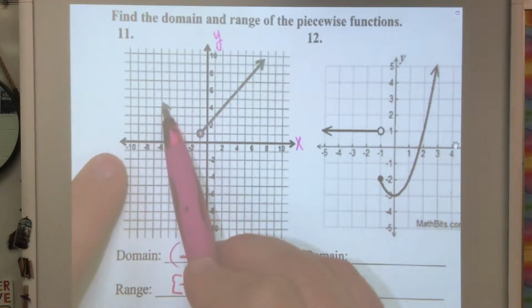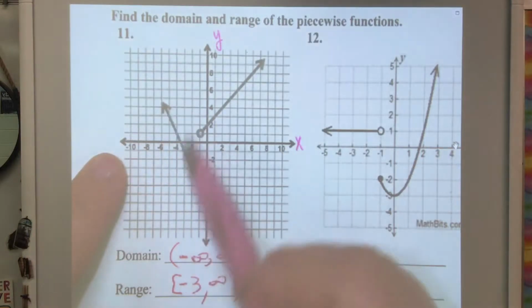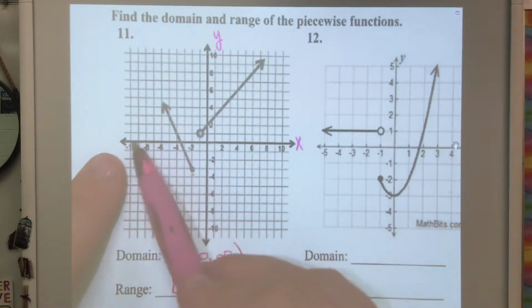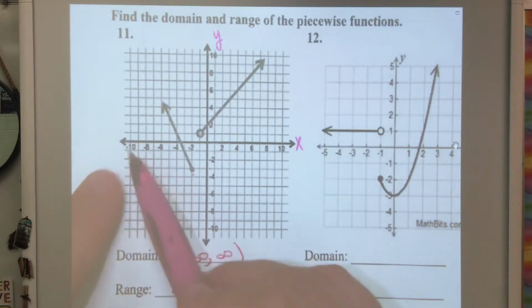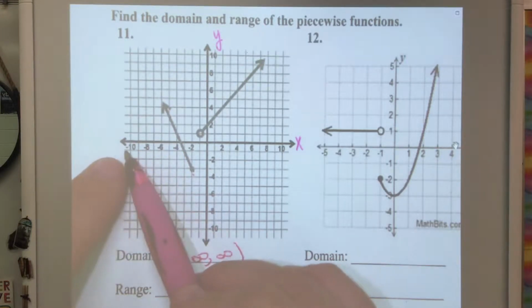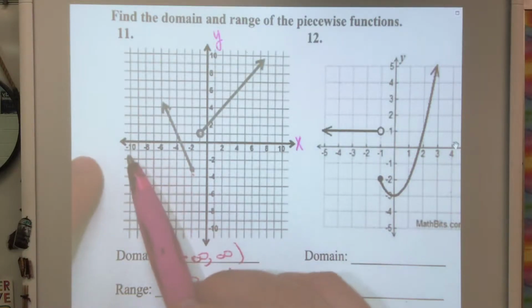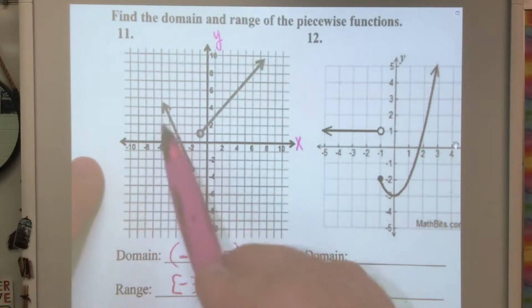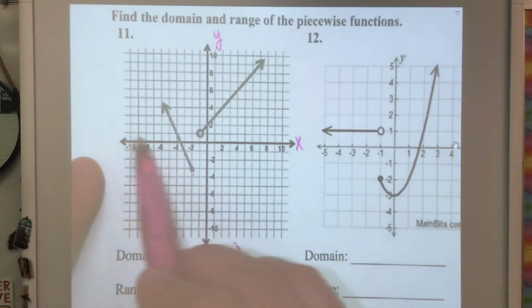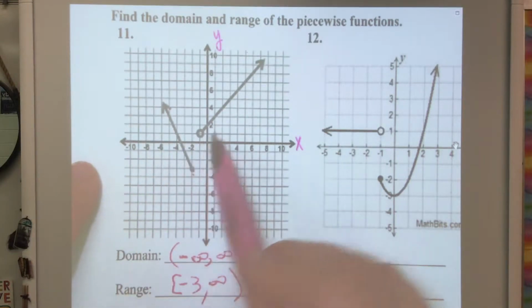Even though this arrow is pointing up, that doesn't mean it's going more positive. It means it's getting smaller negative numbers. Even though the number's large, negative 11 is smaller than negative 10. Negative 100 is smaller than negative 10. So it's coming from negative infinity and going this way.